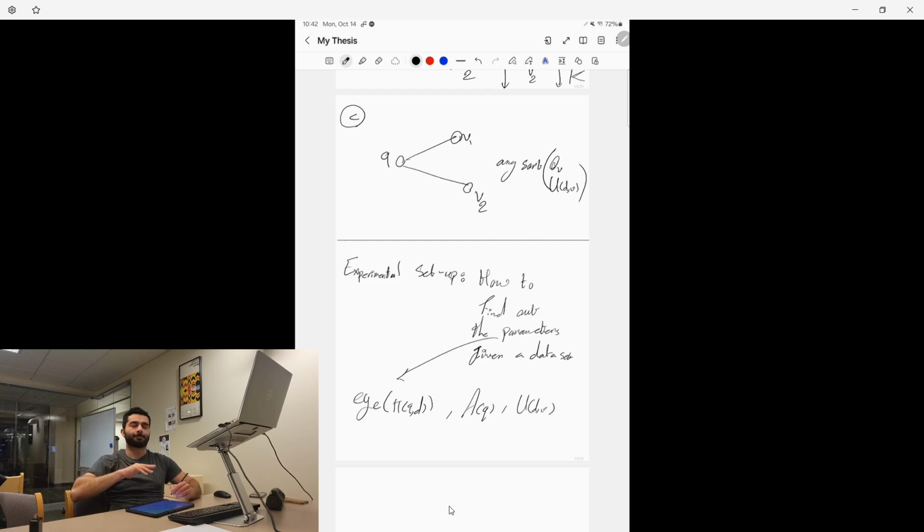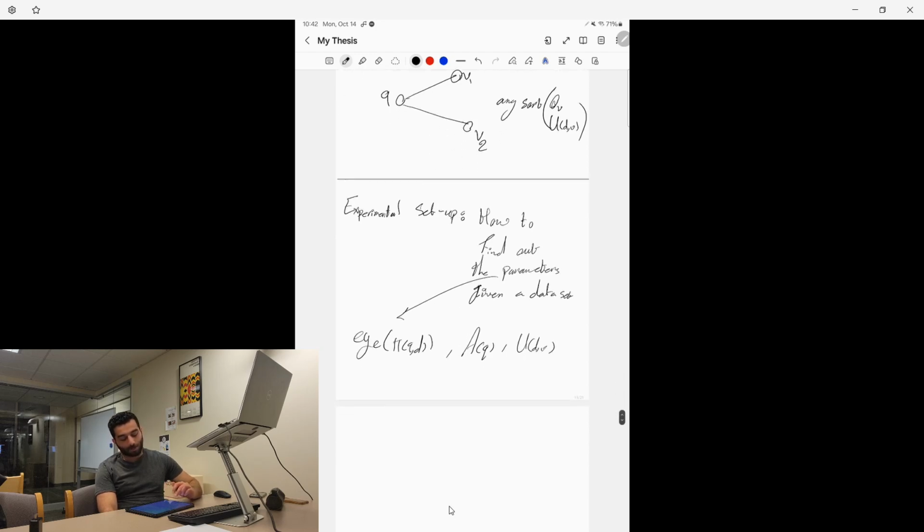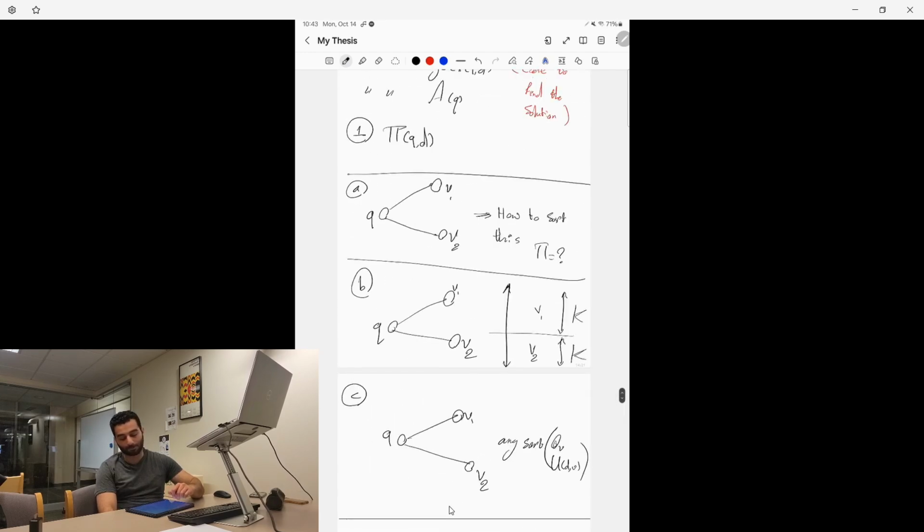The other one is eyeballing cost, articulation cost, u of d and v, and the other one is probability of relevance equal 1 given v and d, also theta v. That's for the experimental set.